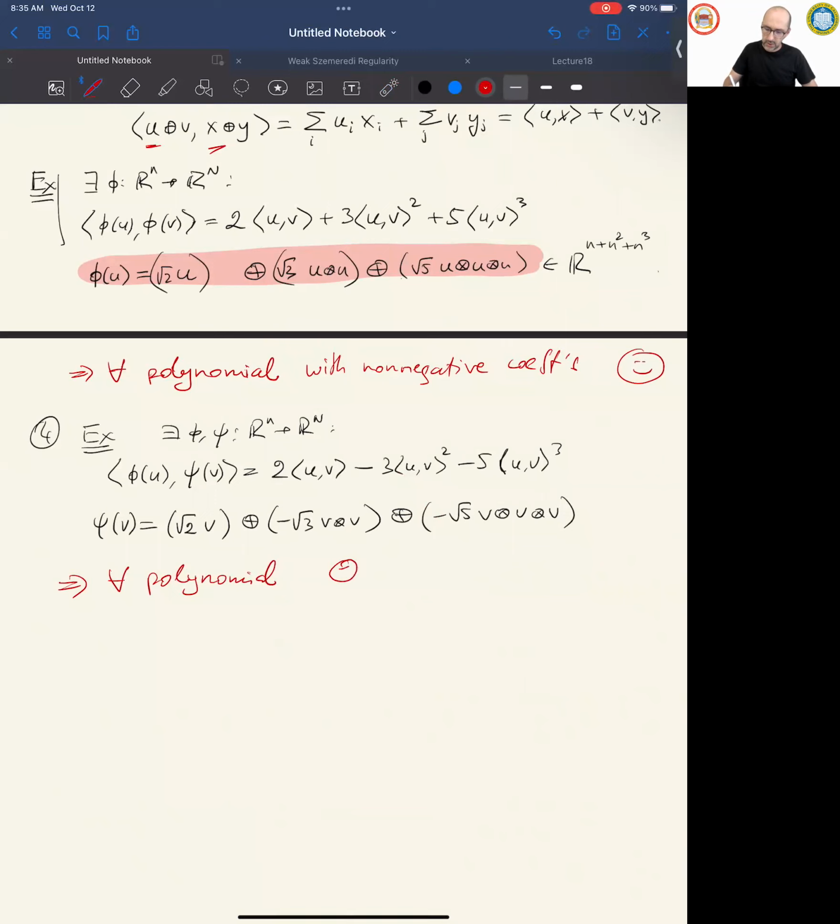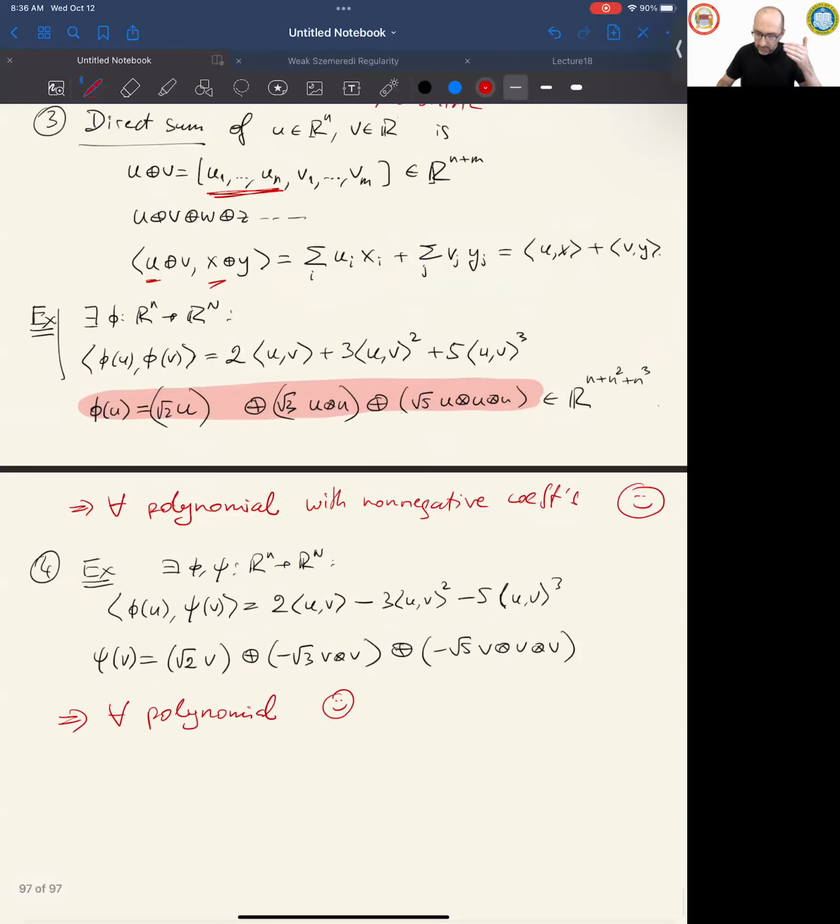Any polynomial is okay. I can build it in higher dimension. Perfect. Good. Questions? So good? Okay, perfect.